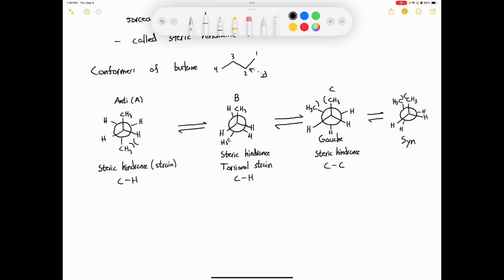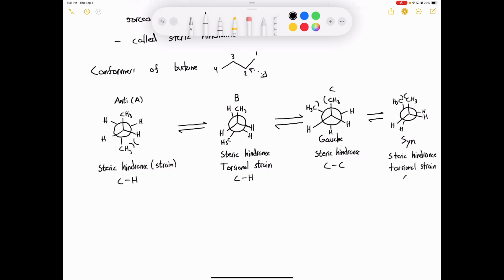When the methyl groups are now essentially 0 degrees apart, no angle of separation between them, they're very close together, so that's syn. So now we have the most steric hindrance, and we have torsional strain as well because they are eclipsing.